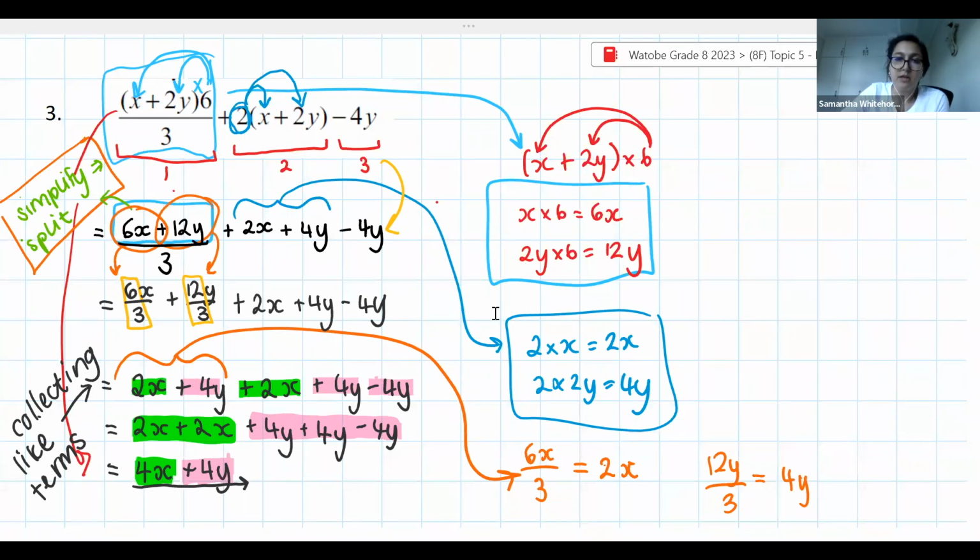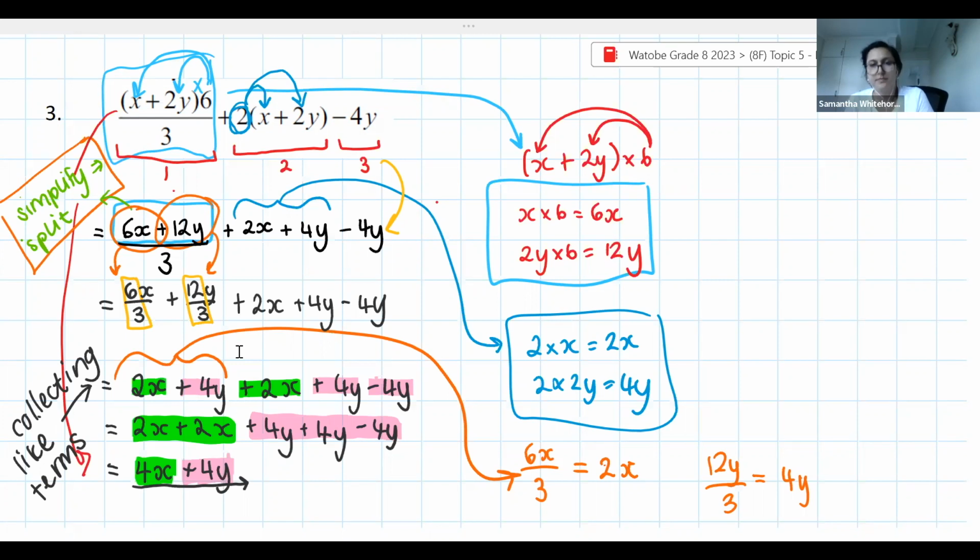Right, Dal, before I move on to the next one. Ma'am, on the third step, can you actually put the divide sign, 6x divided by 3 and then plus 12y divided by 3? Yeah, absolutely. If you don't want to use fractions and you want to use the division sign, that's absolutely fine.